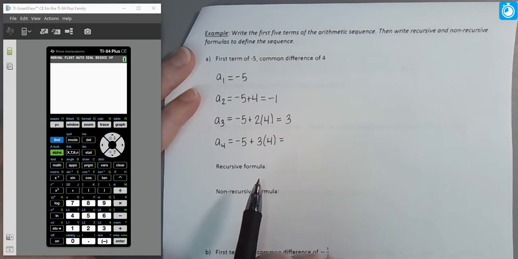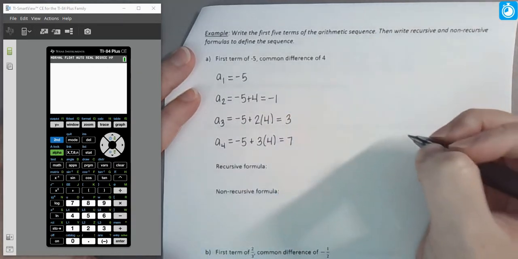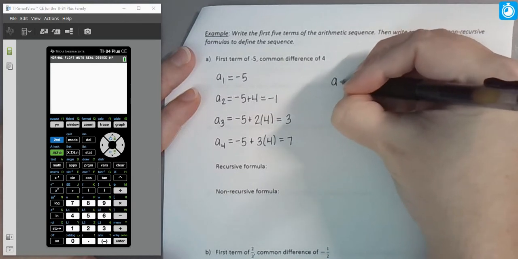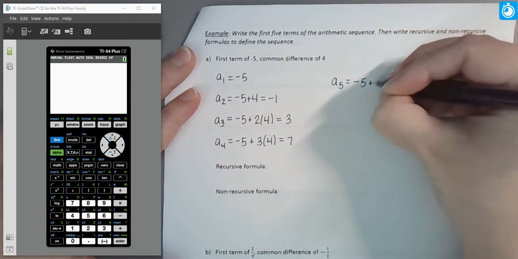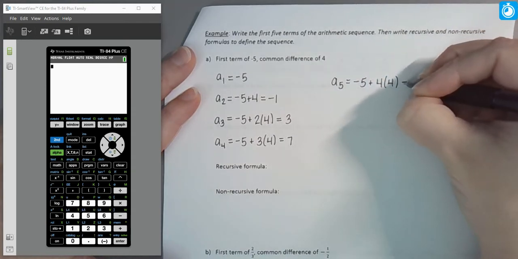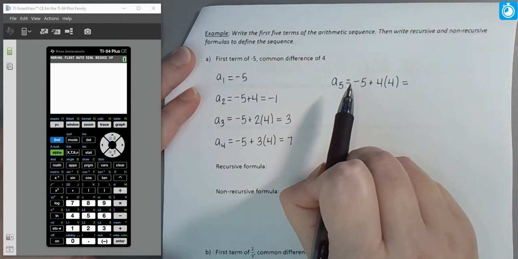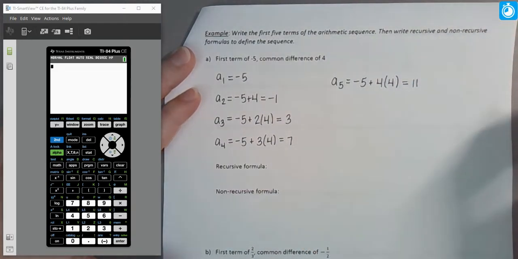So 3 times 4 is going to be 12. Negative 5 plus 12 is going to be 7. And then a sub 5 is going to take our first term plus 4 times our common difference. And so that's going to be negative 5 plus 16, which will be 11.